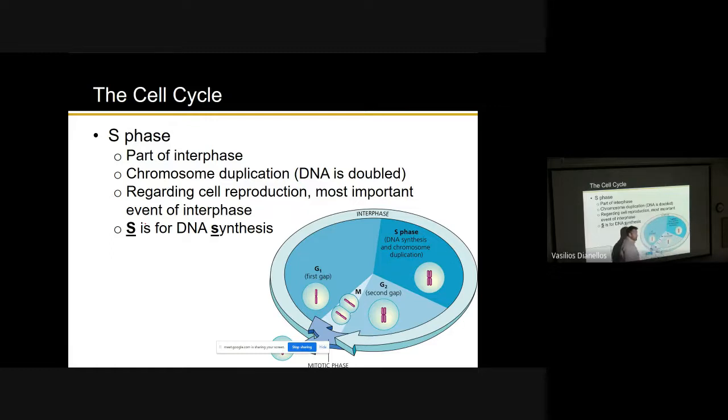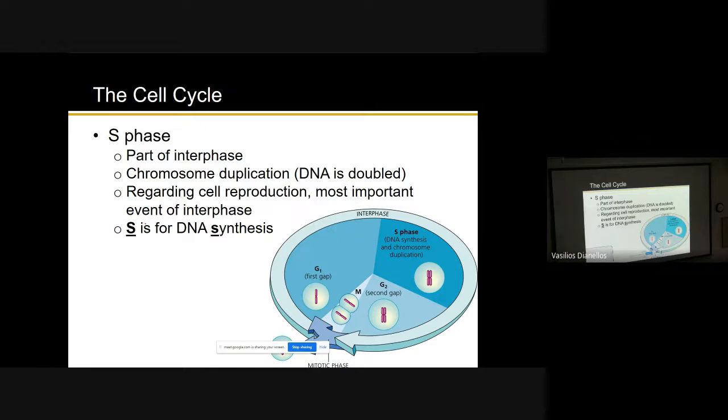We're going to look at it more by relevance. As far as relevance is concerned, the S phase is the only part of interphase we're really concerned about, because all we care about in this chapter is what's happening with the chromosomes and the nucleus. So anyway, let's talk about what happens in the S phase.